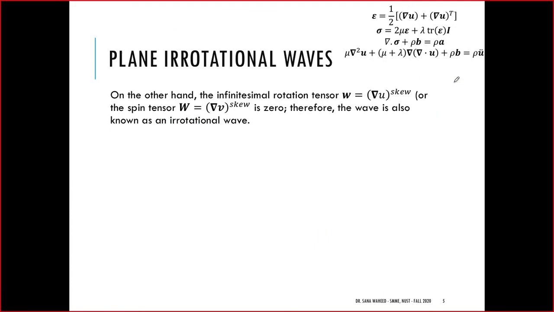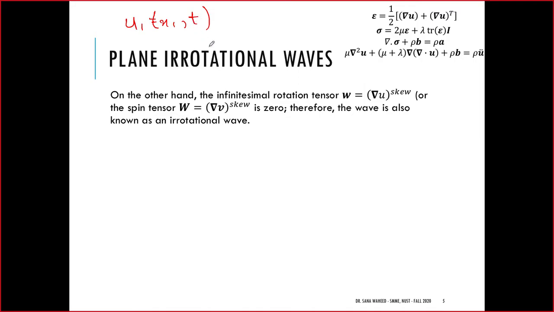And this is actually also related to the spin tensor of the velocity field, but let's ignore that part for now. But the point is that if you look at that displacement field, which is just a function of x1 and time, we can see that its displacement gradient is symmetric.